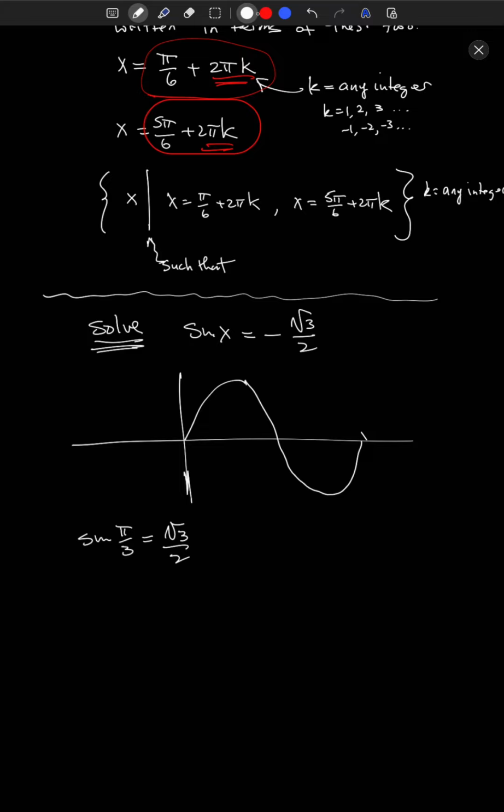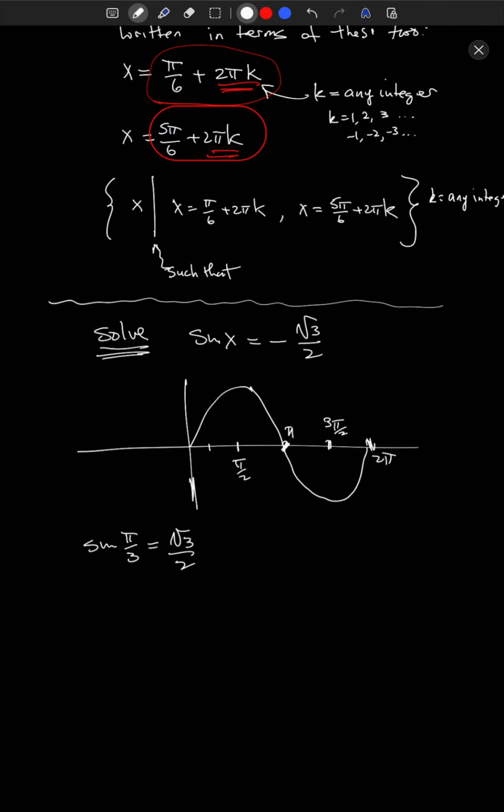So let's plot that. Pi over 3 is less than pi over 2. So here's pi over 2. Let me label some of these. This is pi, this is 3 pi over 2, and this is 2 pi. And remember, I only really need between 0 and 2 pi because I'm going to replicate the rest using the 2 pi k. Pi over 3 lives somewhere like here.